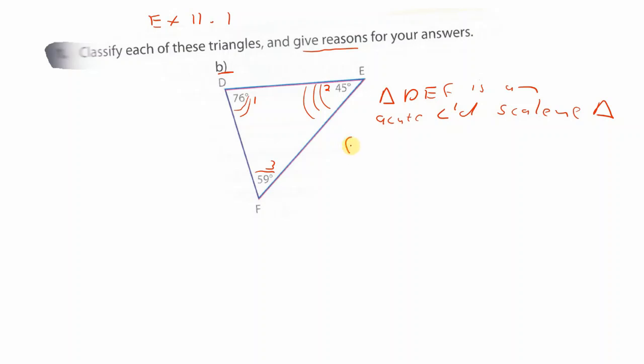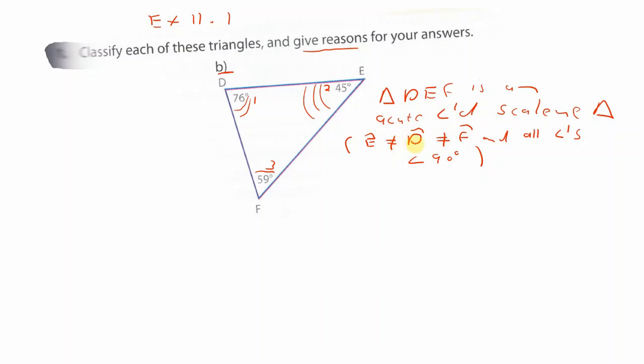What were our reasons? Well, we know angle E is unequal to angle D is unequal to angle F, and all angles are smaller than 90 degrees.